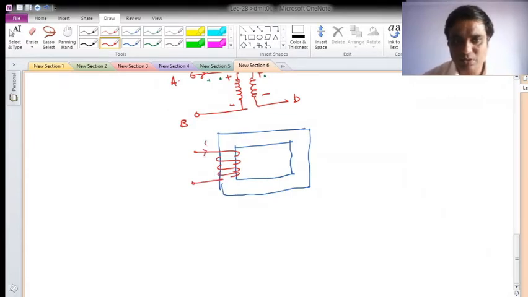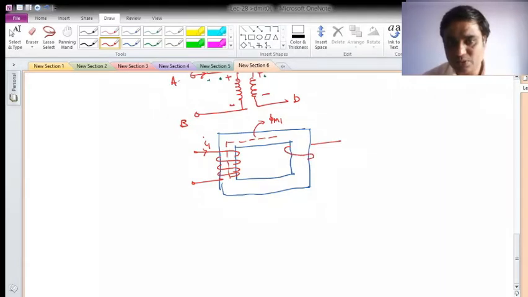Okay, to this I have I1 flowing, and this mutual flux flowing in this direction, phi m1, and suppose I have wound the coil like this now. Suppose this is my C and D terminal, so this is my phi m. Suppose this is the external circuit I will connect.